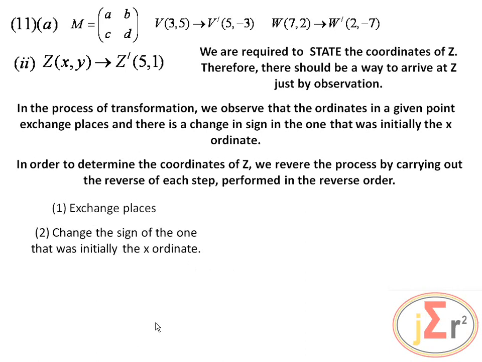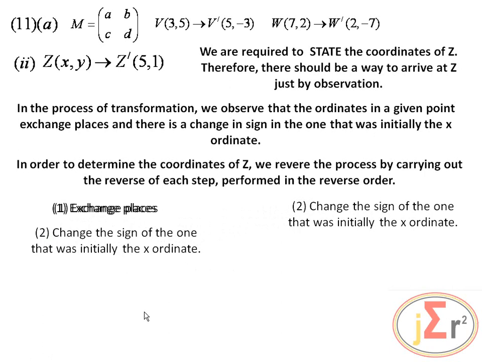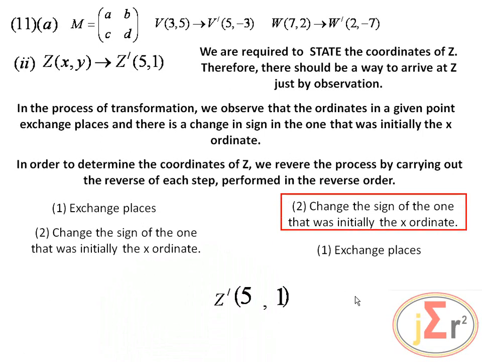Change the sign of the one that was initially the x ordinate, and then we exchange places, and that will return the point to its original. And there is Z prime.